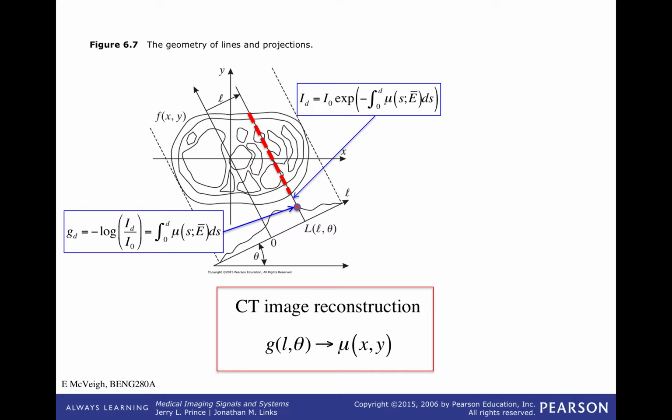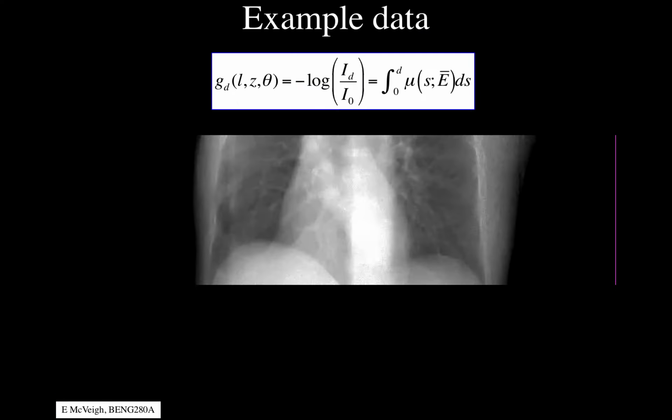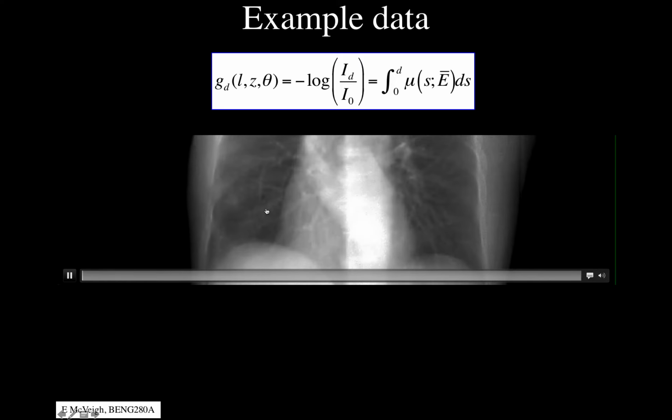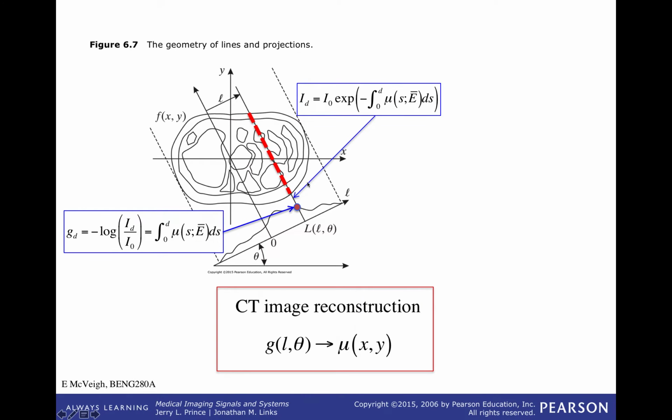Just to be clear, this is thinking about things in 2 dimensions. When I go back to this data, this is in 3 dimensions. In fact, this is the z direction or the SI direction. This analysis is 2 dimensions, so it's one slice of that data.